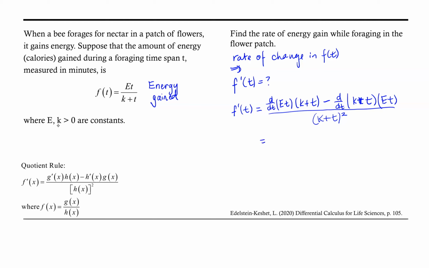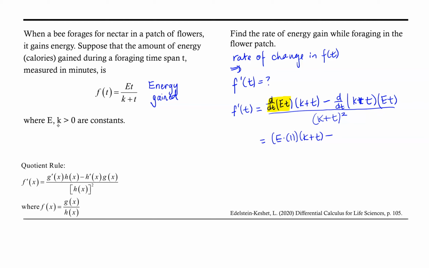So looking at the derivative of e times t, well, e is a constant, so it will be e times the derivative of t. And so e times the derivative of t would be e times 1, times k plus t, minus, and now the derivative of k plus t.